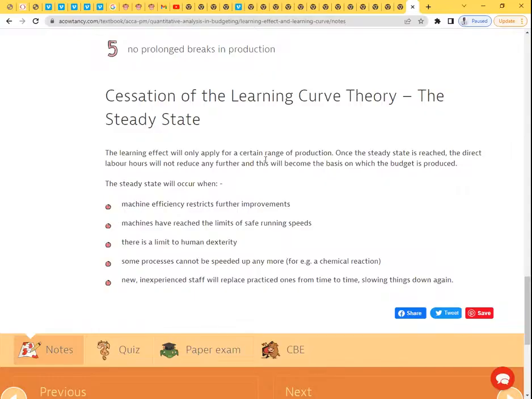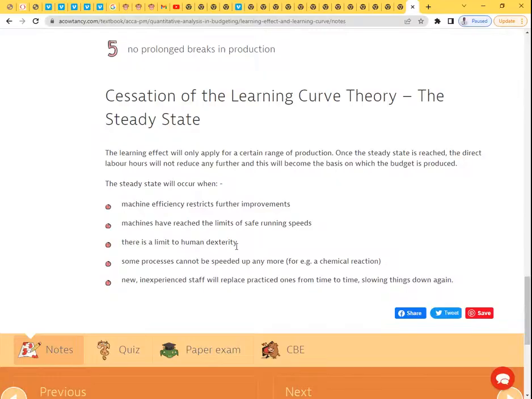Then automatically it means that even the human beings cannot continue making further improvements, right? So there is a limit to human dexterity. Remember, dexterity is the skill you have, especially when you are producing things manually.